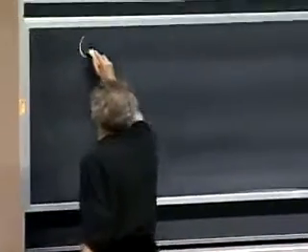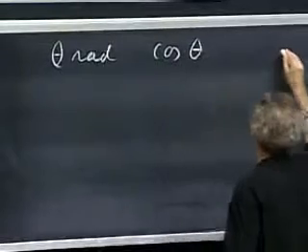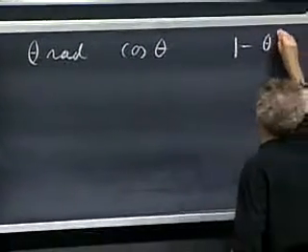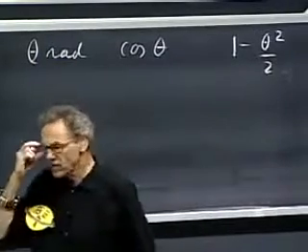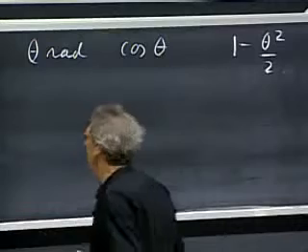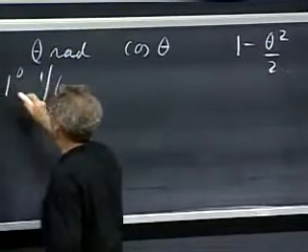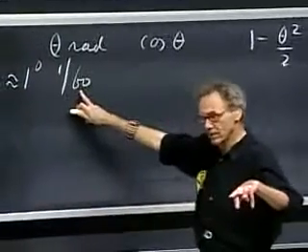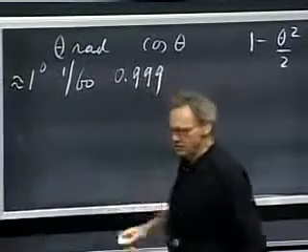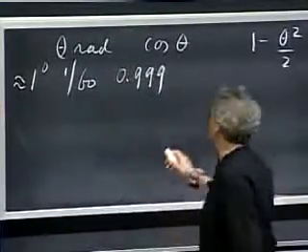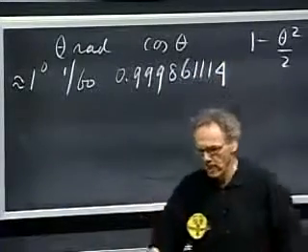If I give you here theta in radians, and here the cosine of theta, and here 1 minus theta squared over 2, then if I take 1/60th of a radian, which is approximately 1 degree, and I ask what the cosine is, that is 0.99998611114, just using my calculator.